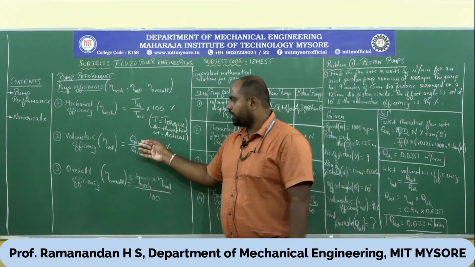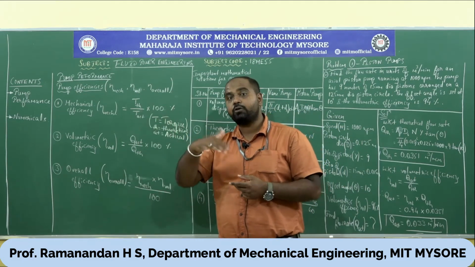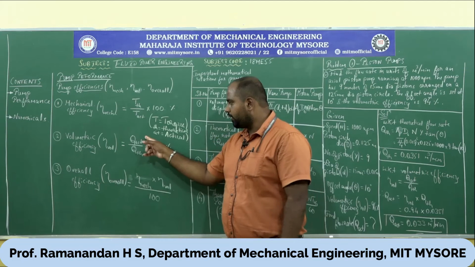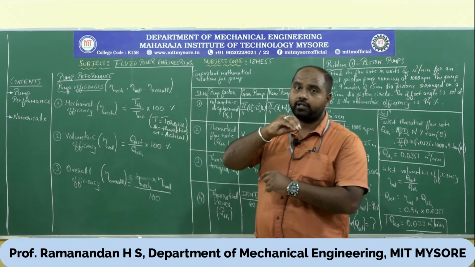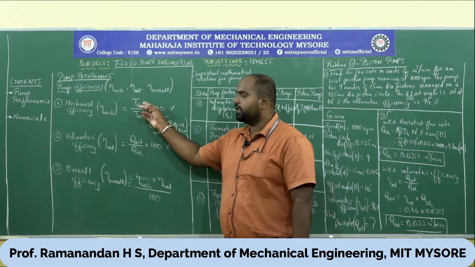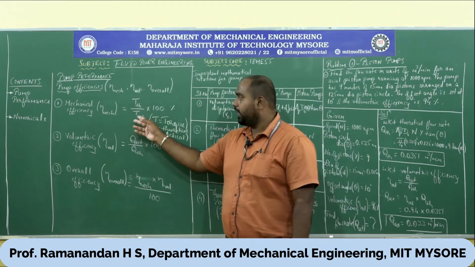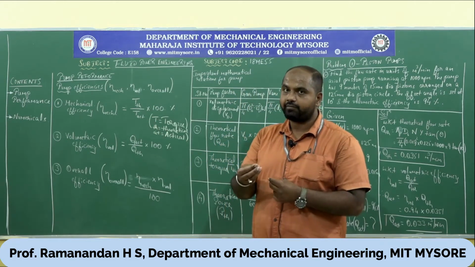Q actual is developed by the pump on the output side, and efficiency is always output by input. This is calculated for the actual dimensions being designed. Here theoretical torque is calculated, and actual is what is suffered by the drive shaft of the pump.